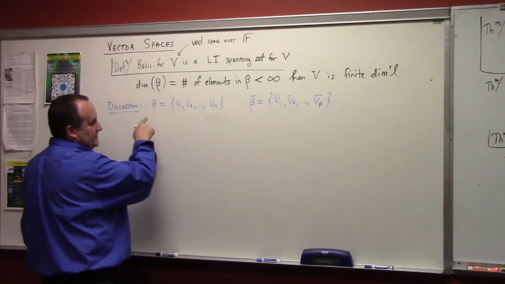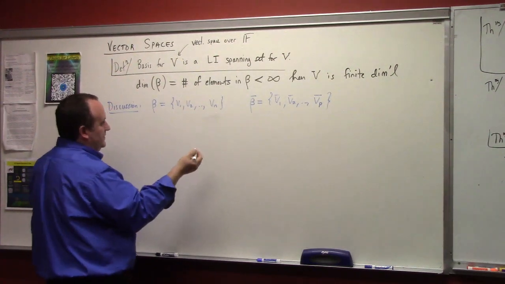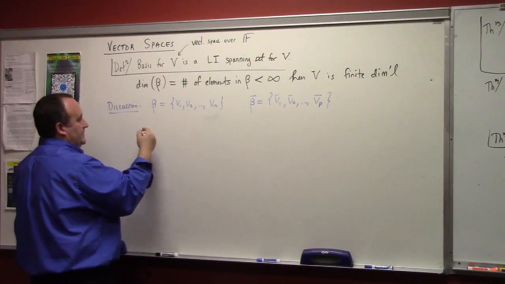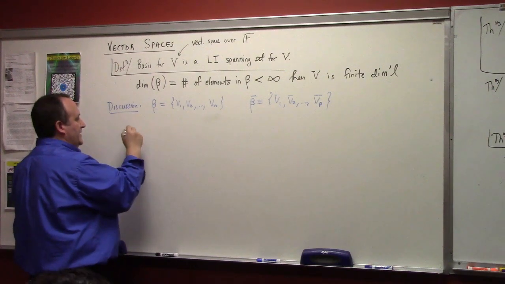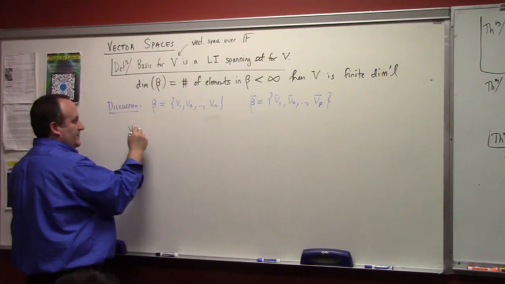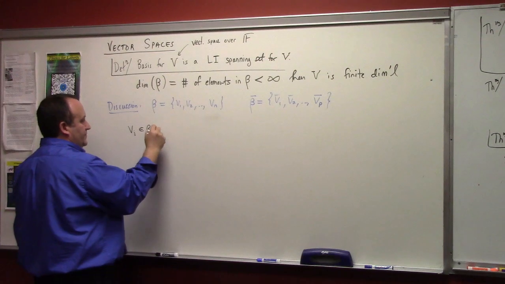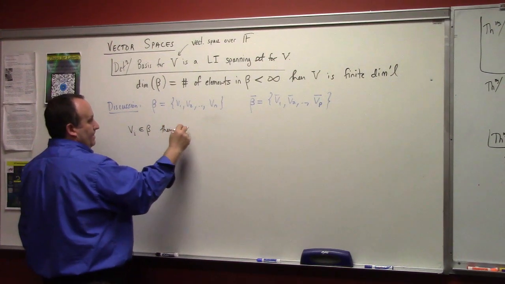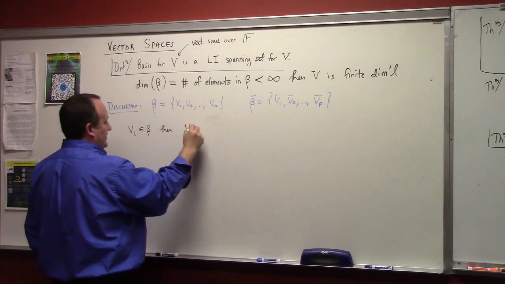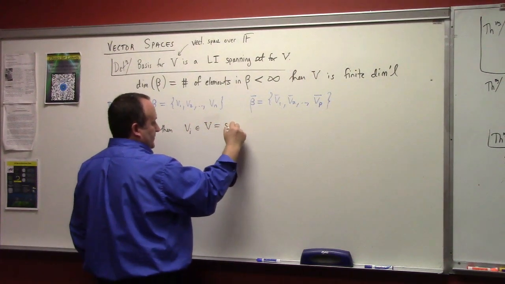So essentially, to prove that n equals p, what we can do is, first of all, take the ith element of beta. Then vi is an element of the vector space V, which is the span of beta bar, right?